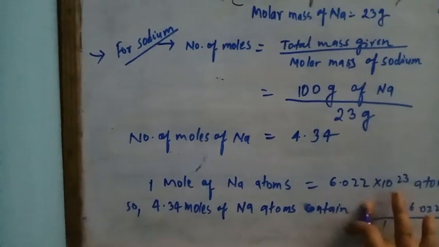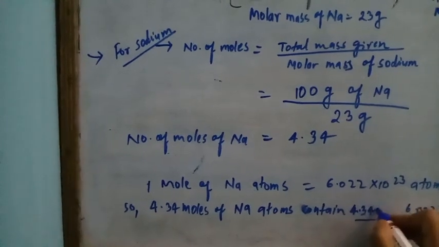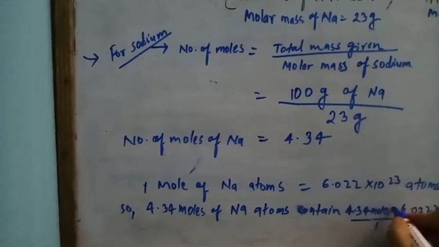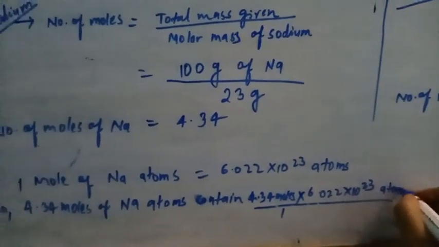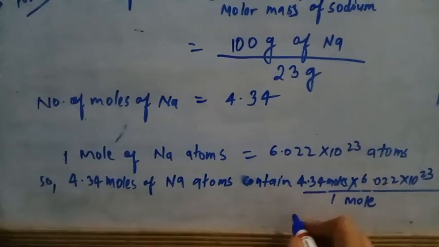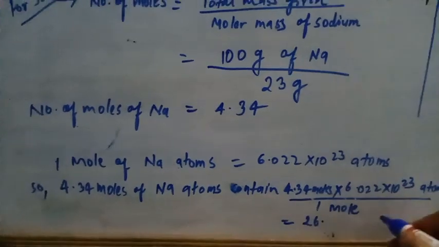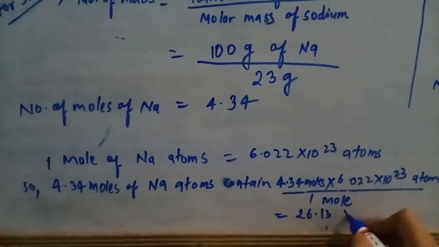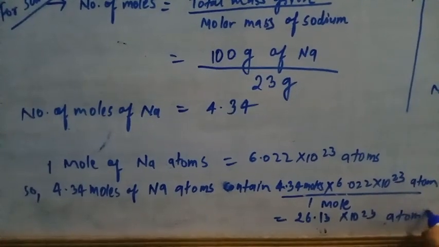Here you can write 4.34 moles into 6.022 into 10 to the power 23 atoms divided by 1 mole, and you will get 26.13 into 10 to the power 23 atoms.